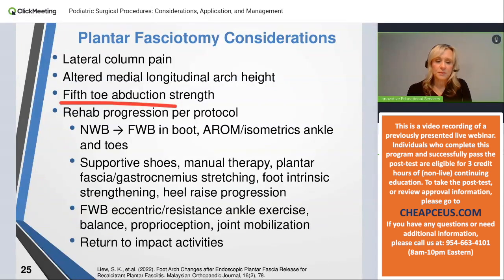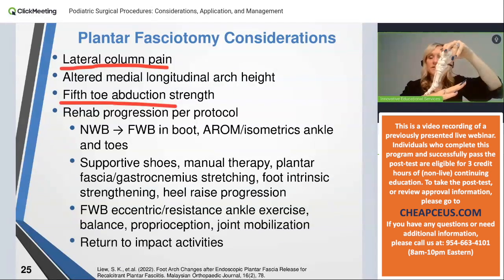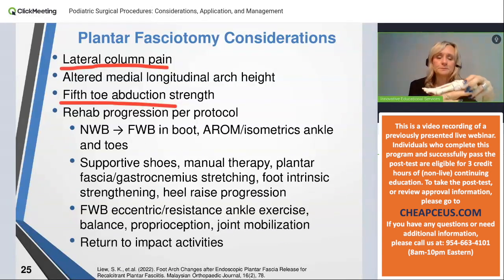Something else we need to monitor patients for as we are rehabbing them from the plantar fasciotomy is lateral column pain. The thought is that as the plantar fascia is released, we're going to restore the architecture of the foot, restore that windlass mechanism. That's what creates that tension and gives that lever to progress over for weight bearing.